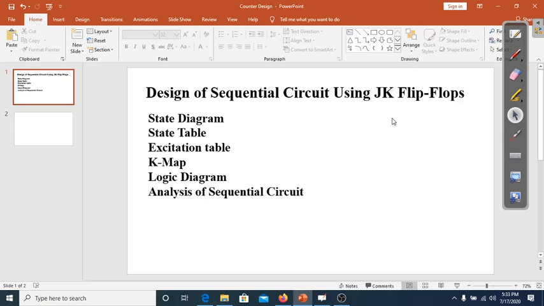So we have a given state diagram, or we will describe the circuit behavior by using the state diagram. From the state diagram, we will extract the state table, and the state table can be further reduced by using the state reduction method that we will discuss in the coming lecture.